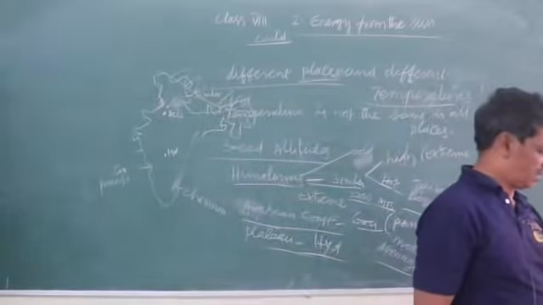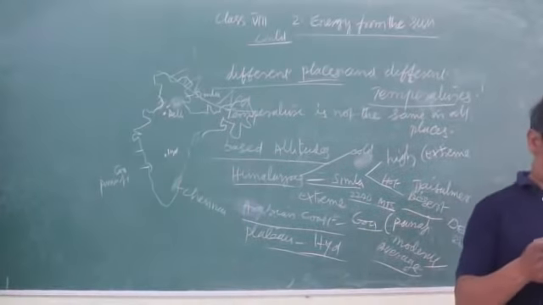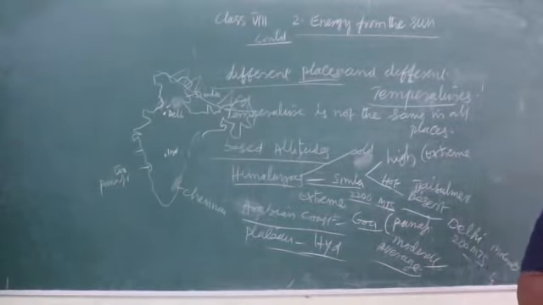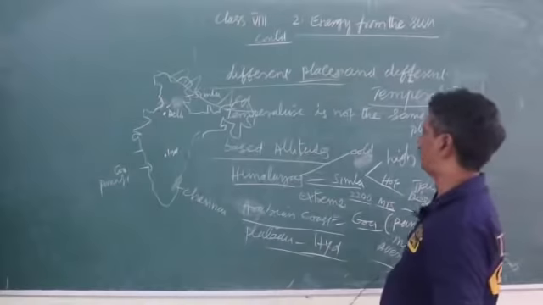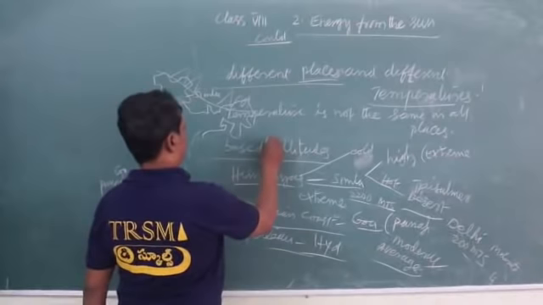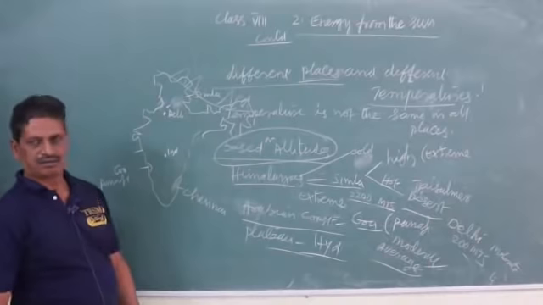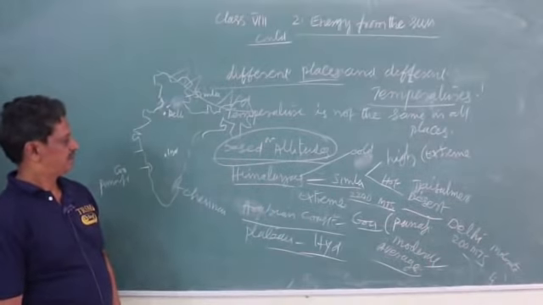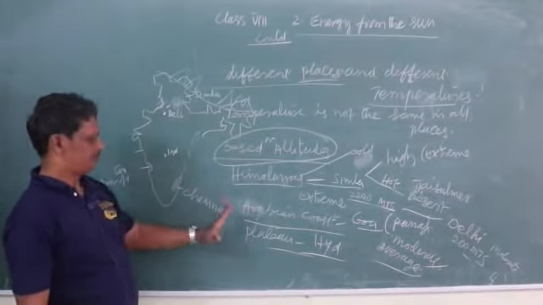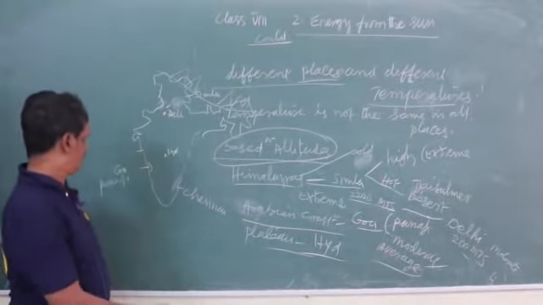So likewise, one table is given here. What are the temperatures recorded, height and temperature, extreme and moderate? So Delhi and Simla. See that? Because of relief features. You got my point? The place which is near the sea coast, why?